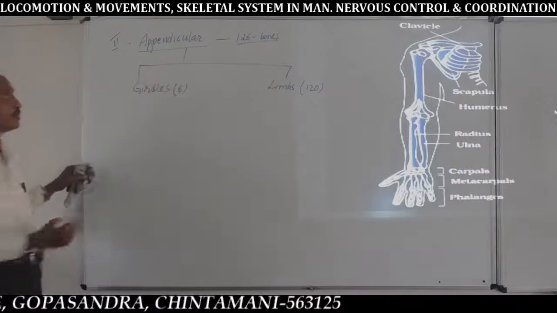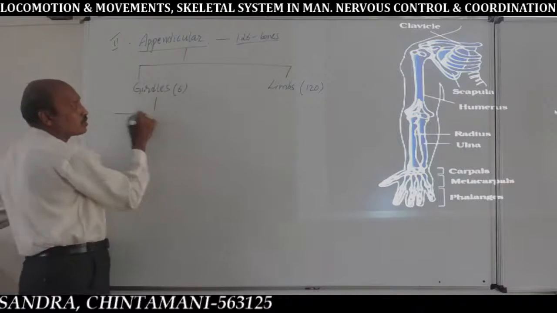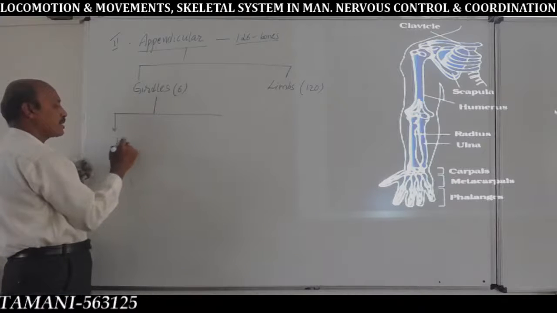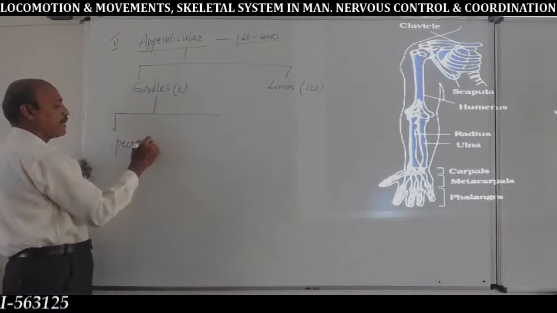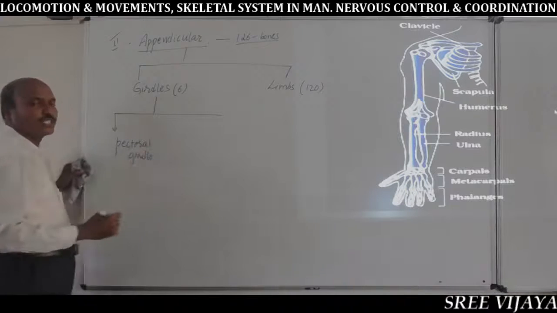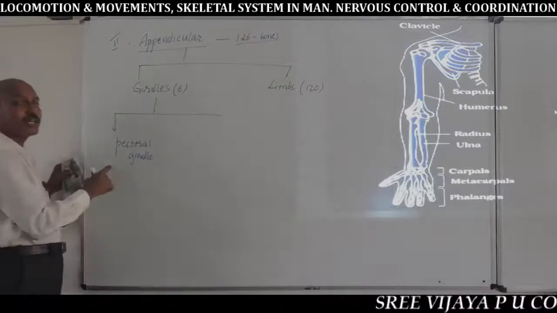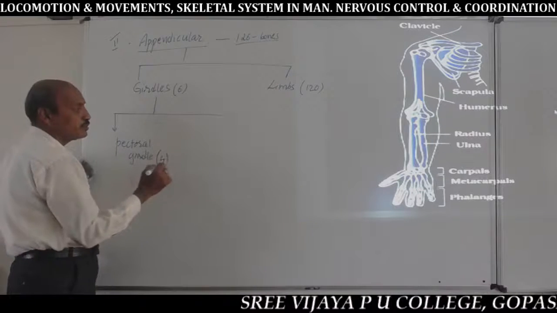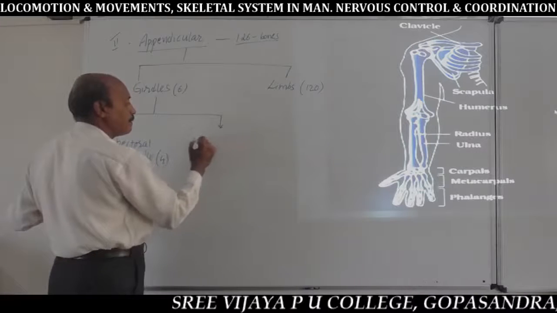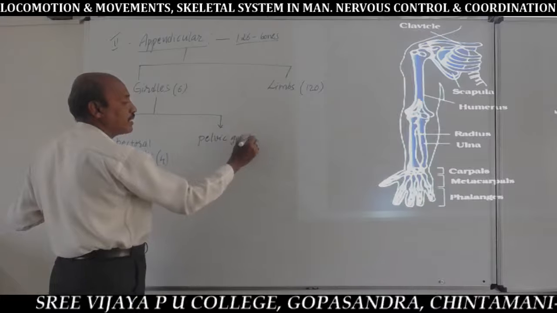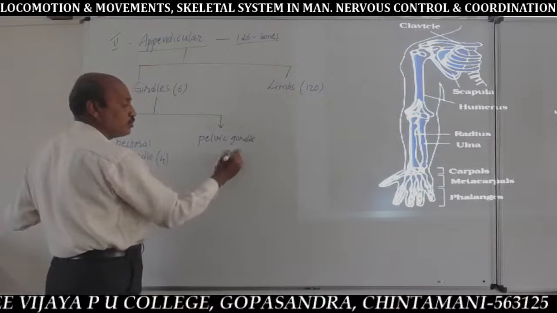Girdles include two types: the pectoral girdle, meaning the shoulder girdle, which includes 4 bones, and the pelvic girdle, which includes 2 bones.